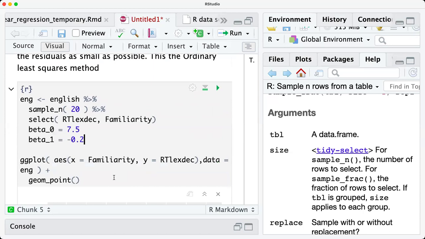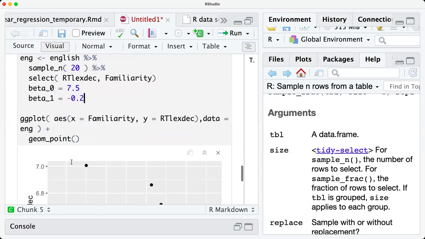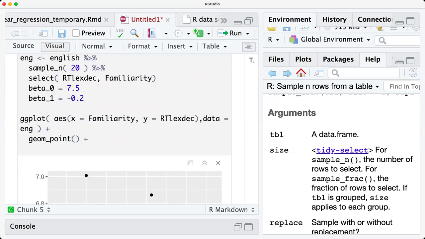So these are completely numbers that I'm guessing, and now I compute what the residuals are. I plot what the residuals are. So first, let me plot the line. The slope, sorry, the slope is beta 1, and the intercept is beta 0.